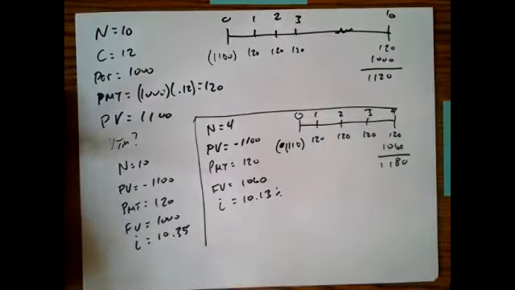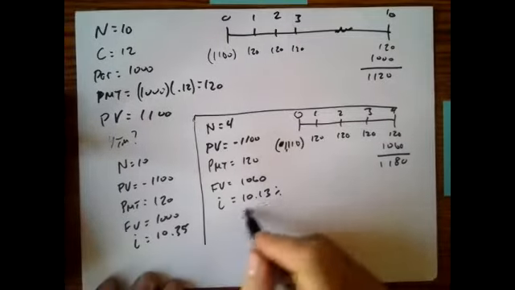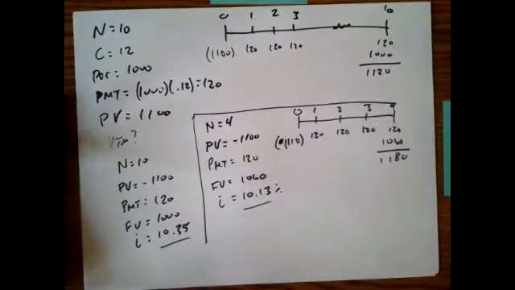So the yield to call, if they call at year 4 and pay that extra call premium, would be 10.13 versus 10.35 if Regal does not call.